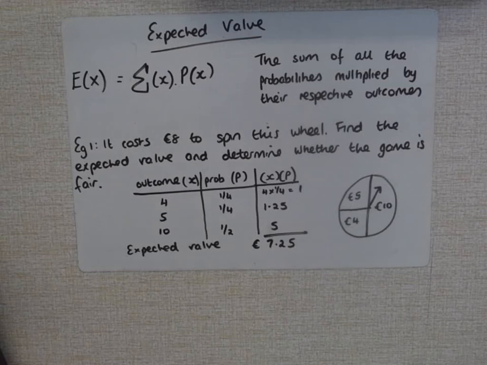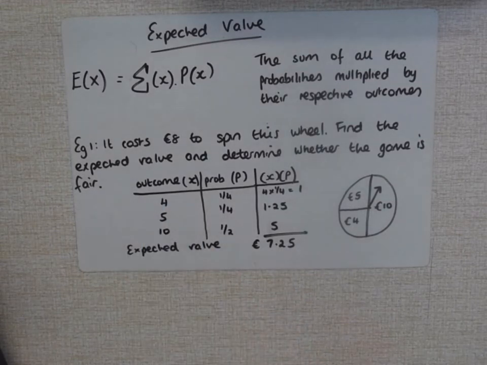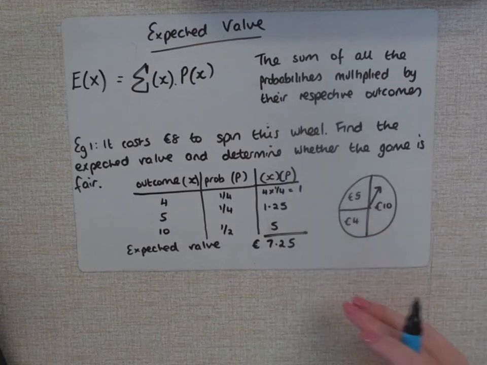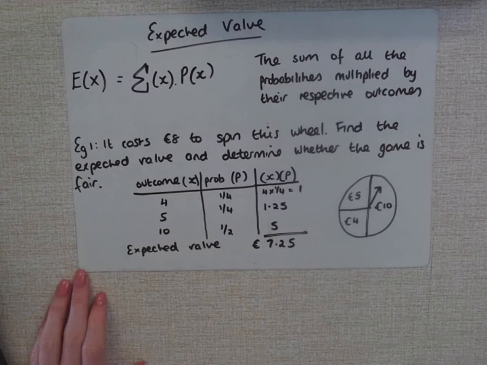Is that game fair? No. And on average, how much would you expect to lose? Yeah, 75 cent. So you're taking them away. Basically, expected value tells you if I spun this a large number of times, on average, I'd expect to lose 75 cent per game. They didn't ask me that in this question, but you can still write it down.